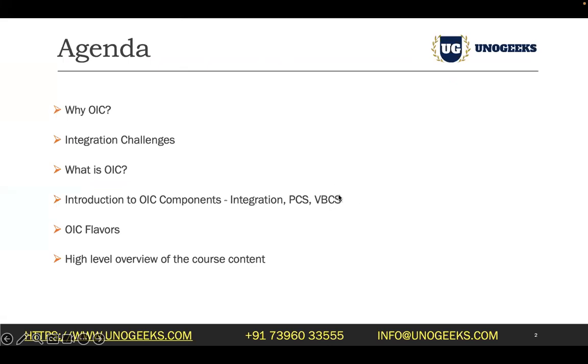Any custom web app that your client needs, an AR invoice web app or expense report or a travel request application, you can build them in VBCS. And to support those VBCS applications, we can build approval processes. And the best thing with OIC, and what makes it a killer product, is that these cloud services can talk to each other. One cloud service can talk to the other two, and it's applicable for all three.